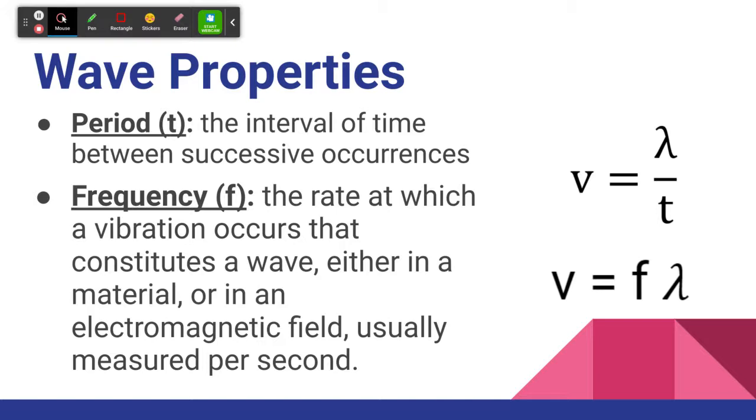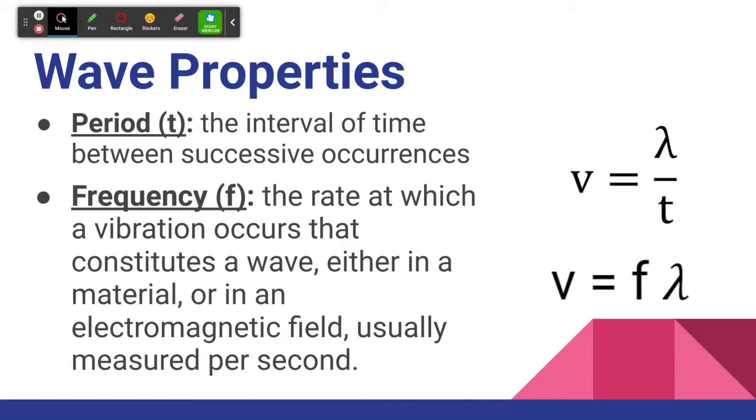And so what hopefully you should hear there is that period and frequency are somewhat related. They're very, very close to one another. And the way that they're close to one another is that they're reciprocals, meaning that they are more or less just mirrored images of one another.